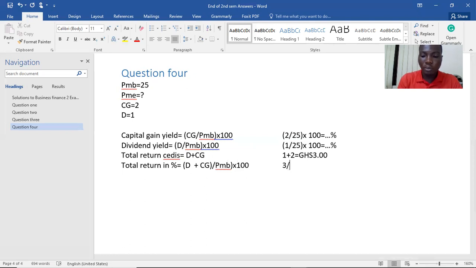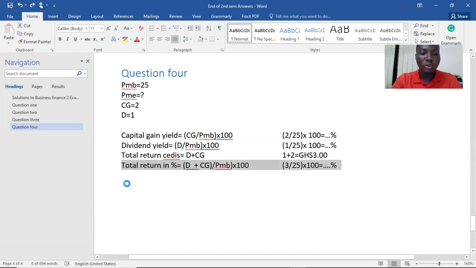So 3 divided by 25. Now whatever you are going to get should also be in percentage. This question shouldn't take you more than 2 minutes to solve.